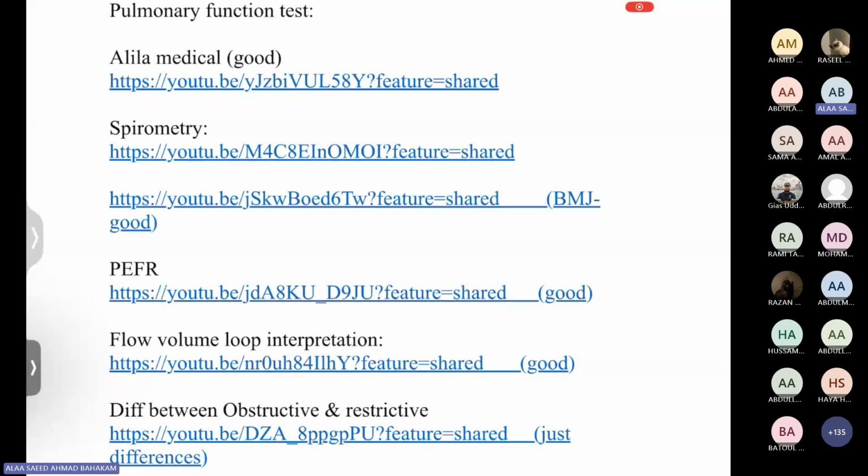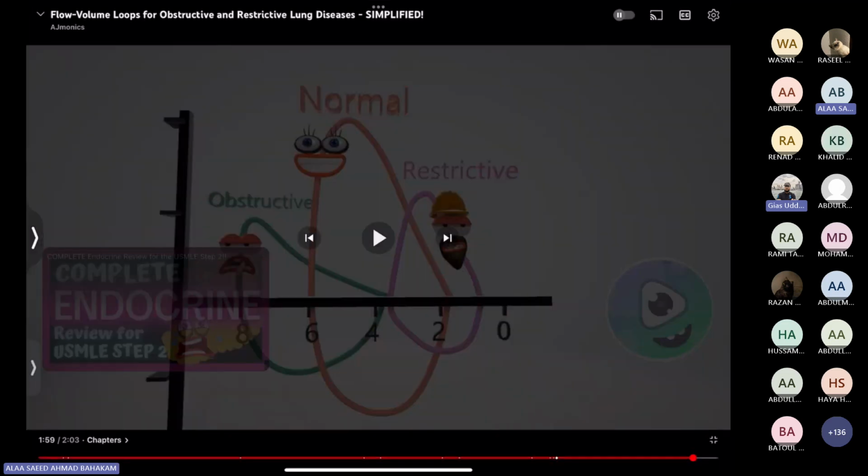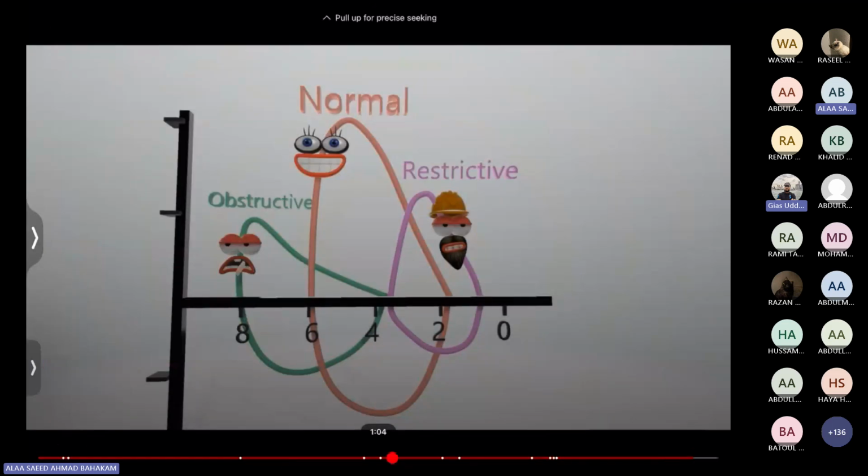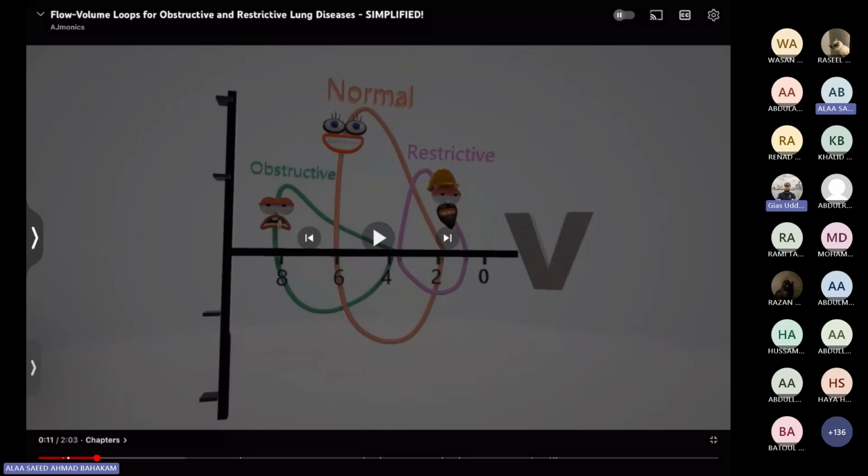Reduced. In the obstructive lung disease, your total lung capacity increases, because, go back to that video a little bit. Yeah. Because I want you to understand this. Just show it there.